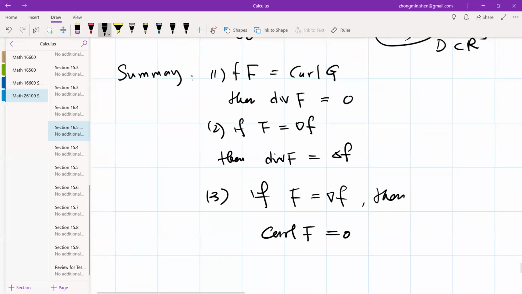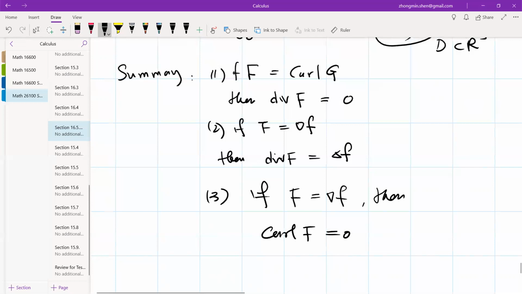Don't be confused. The divergence is going to be the Laplacian of f.